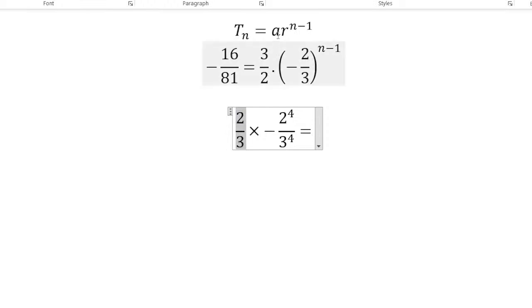Whatever you do on the left hand side, you must also do on the right hand side. When you multiply 2 over 3 on the right hand side, it's going to cancel 3 over 2.